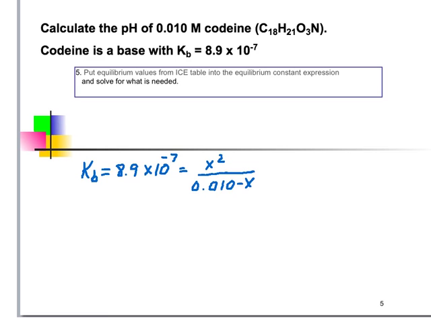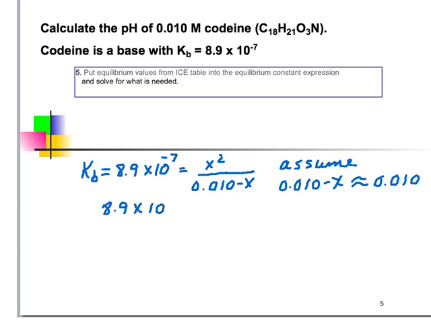To simplify the math, we're going to do our usual trick of assuming that x is small compared to the number it's subtracted from. So here we will assume that 0.010 minus x is approximately equal to 0.010. That makes the math much easier. So you have 8.9 times 10 to the minus 7 equals x squared over 0.010.